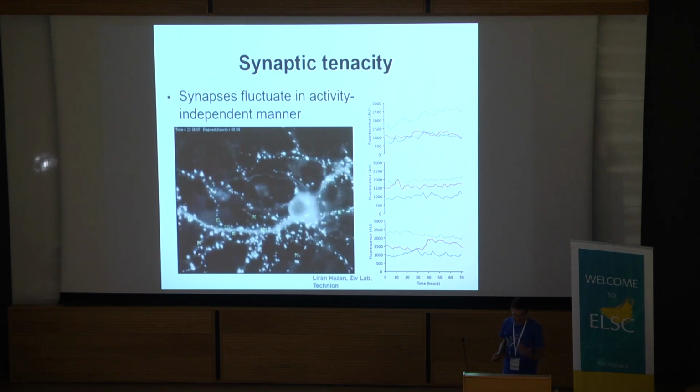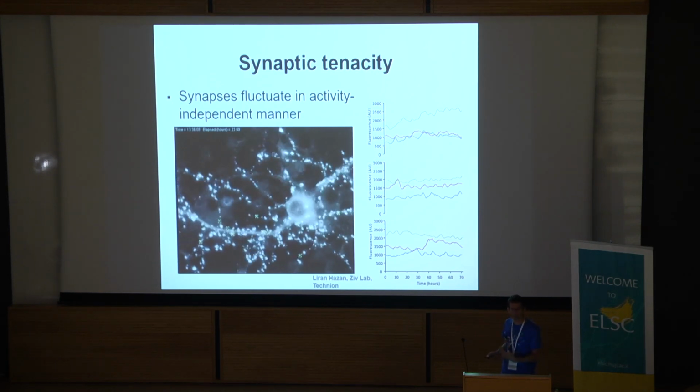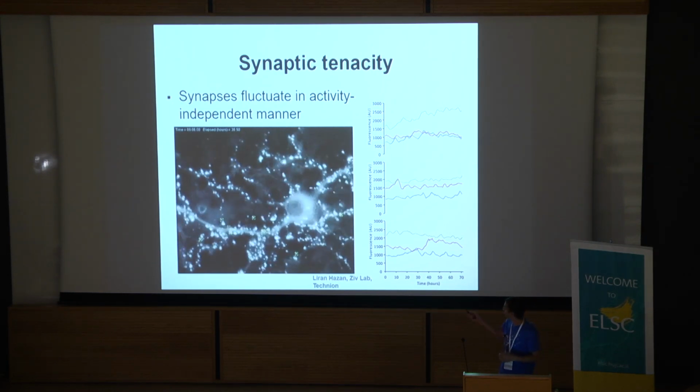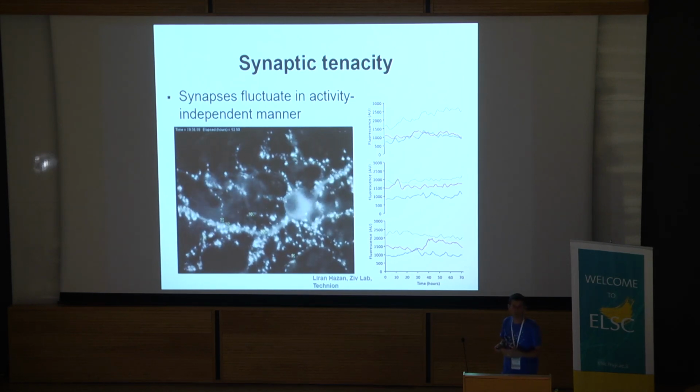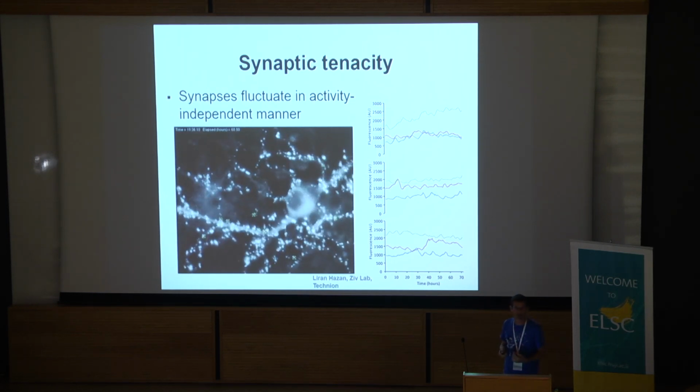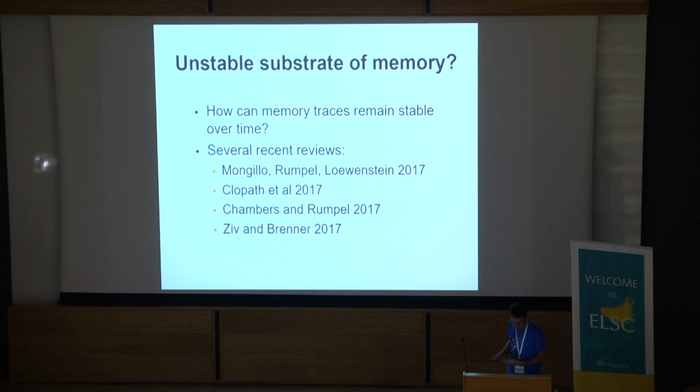So a very large component of synaptic plasticity is activity independent. And that raises the question: how can memory traces remain stable over time when the underlying substrate that should maintain them stable is itself unstable?